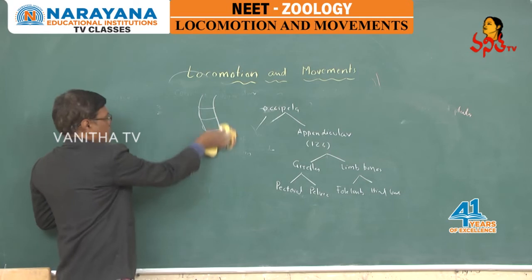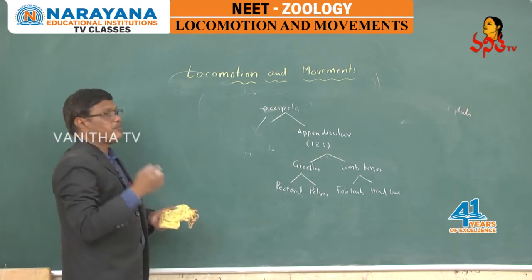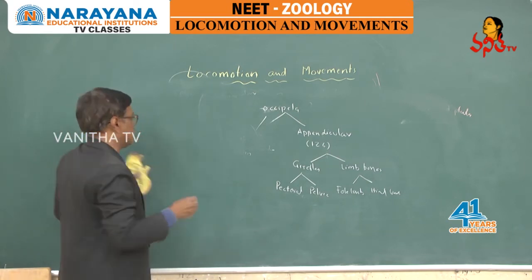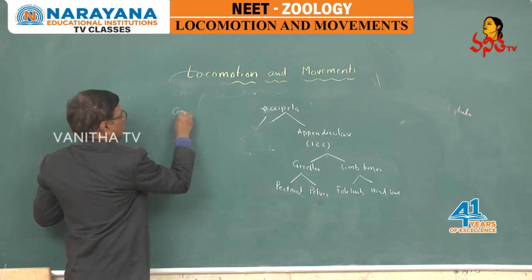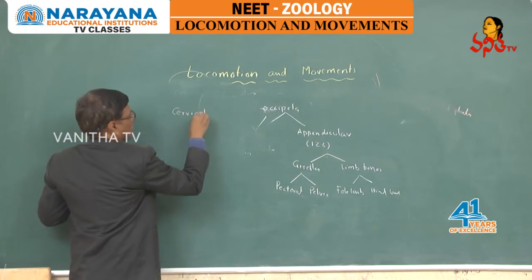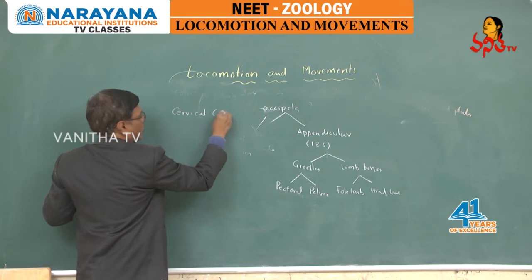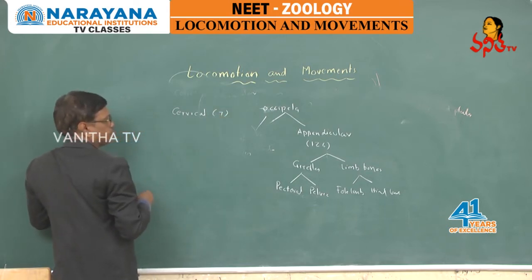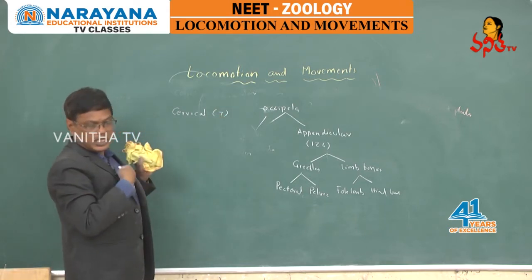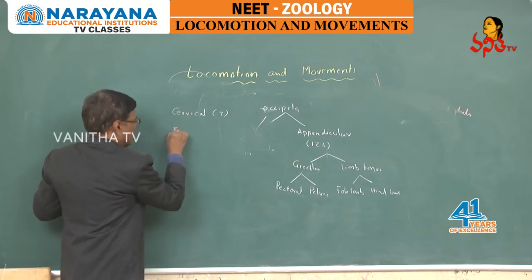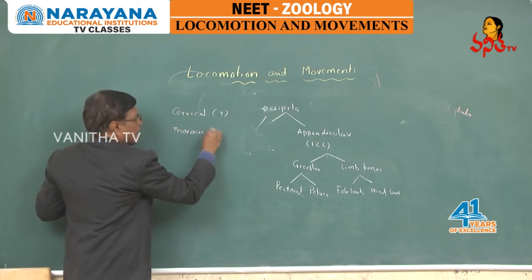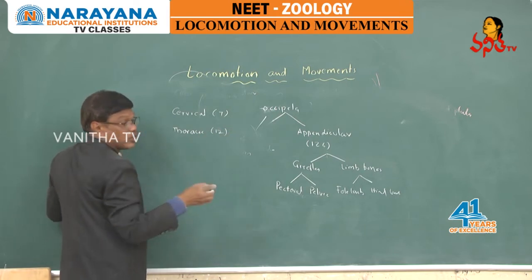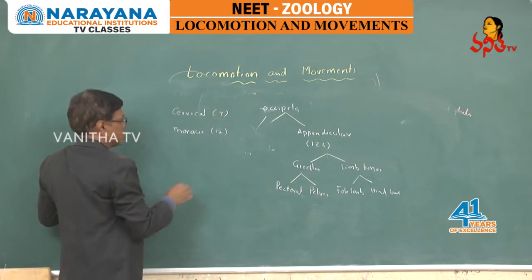These 26 vertebrae: those present in the neck region are called cervical vertebrae, 7 in number. Those in the thoracic region are thoracic vertebrae, 12 in number.